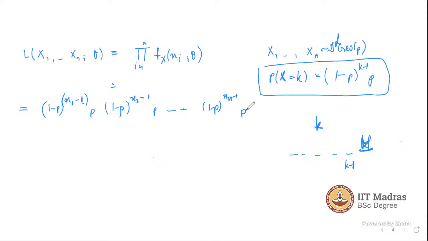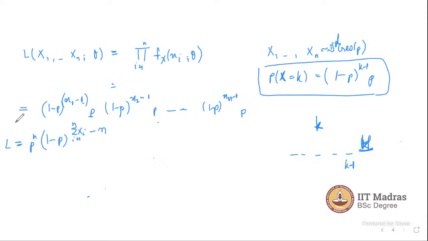Taking common terms, this is p to the power n times (1 minus p) to the power sum over xi, i from 1 to n, minus n. This is the likelihood function for the sample.